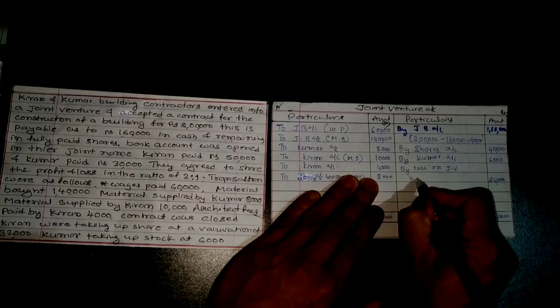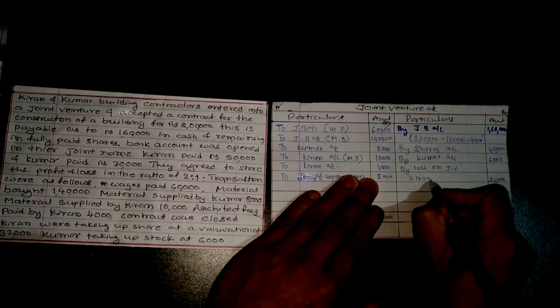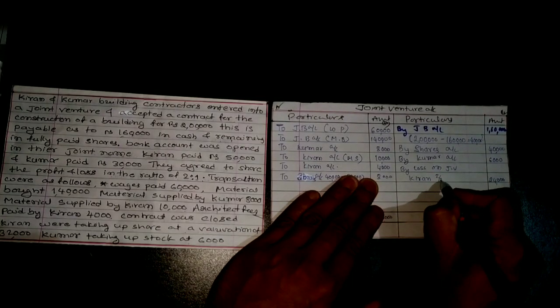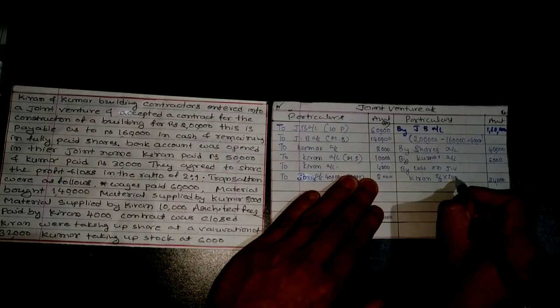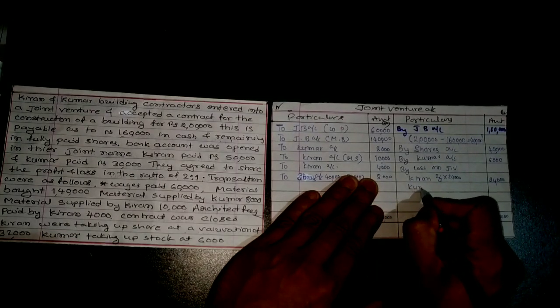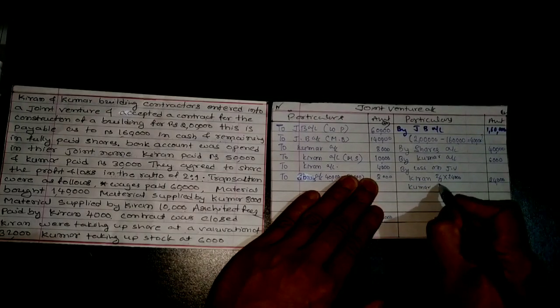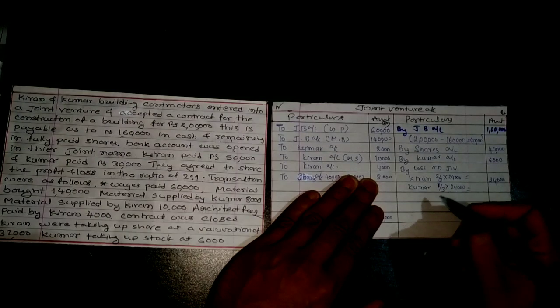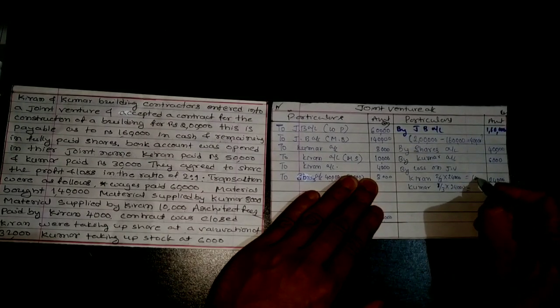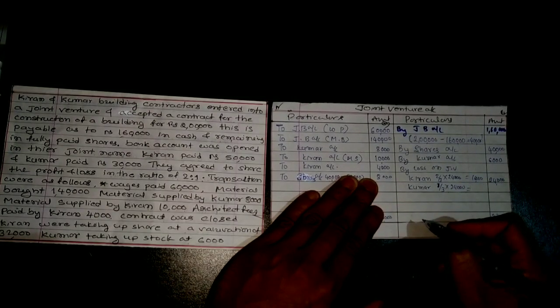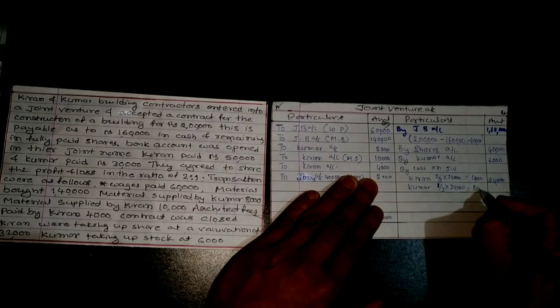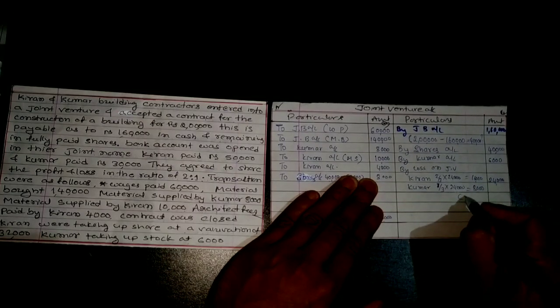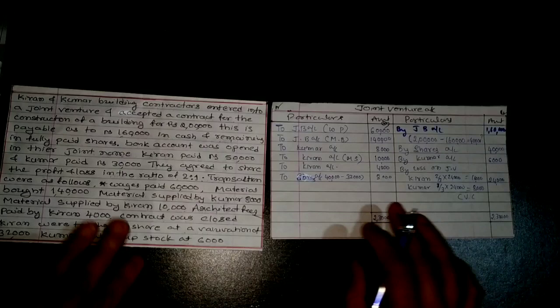So Kiran, what is the ratio? 2/3 into 24,000. Kumar, 1/3 into 24,000. That comes to 16,000 and 8,000. It should be transferred to venture capital account. This is about the joint venture.